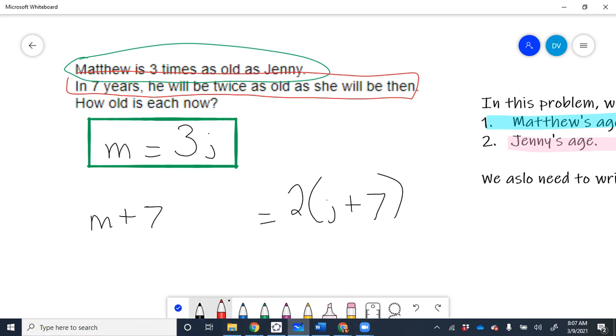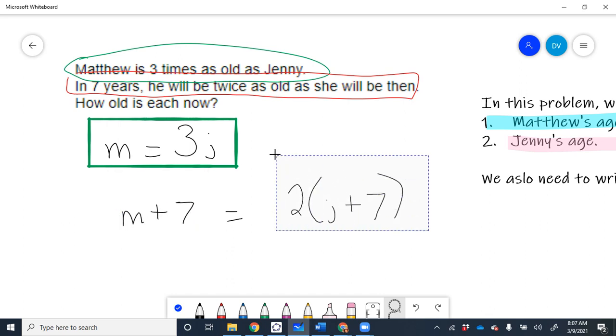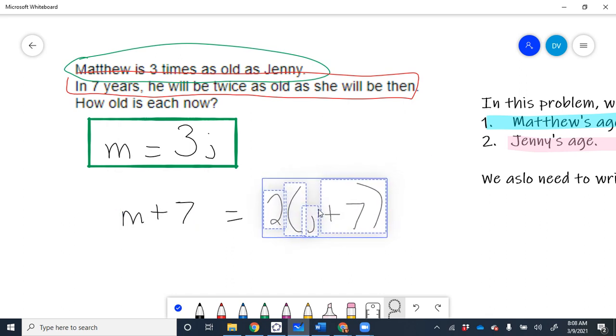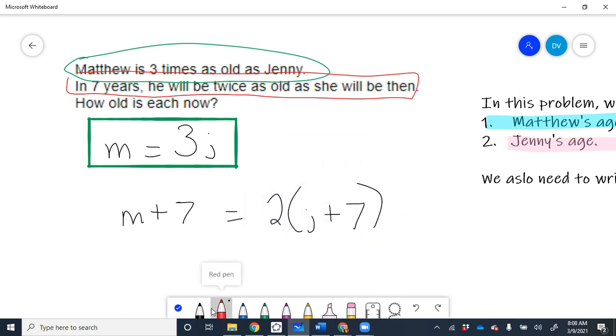I think I'm also going to move the equal sign just a bit, make it a little neater. Okay. So that'll be our red equation, because I got it from that sentence that I circled with red.